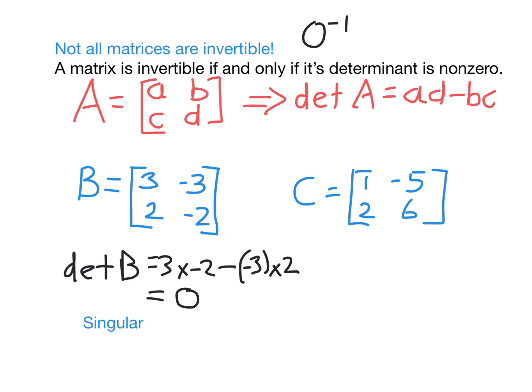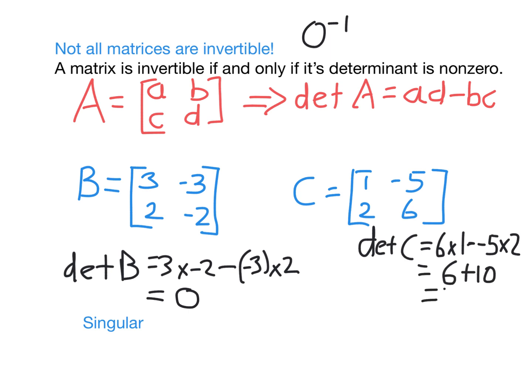On the other hand, let's look at C. We're now going to calculate the determinant of this matrix C. So it is the 2 elements on the leading diagonal multiplied together. Then I multiply the 2 entries off the diagonal and I subtract. So this is equal to 6 plus 10, it is equal to 16.